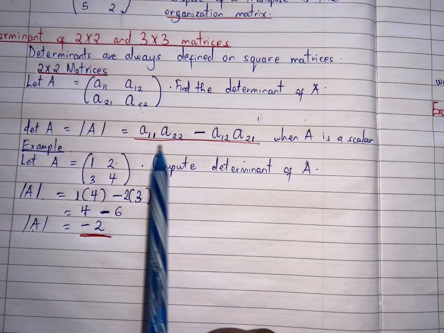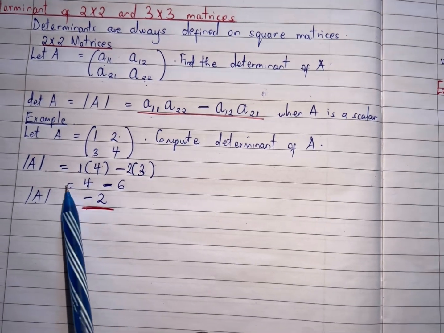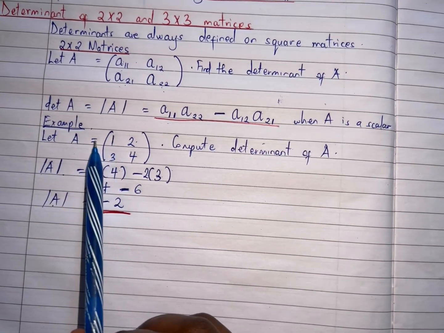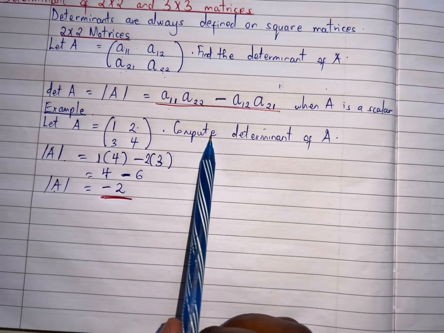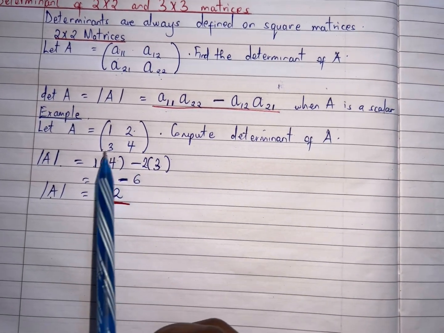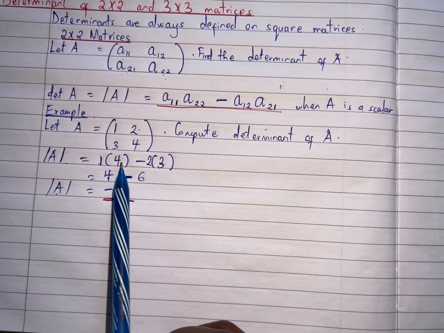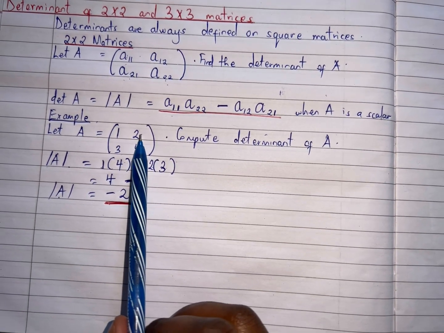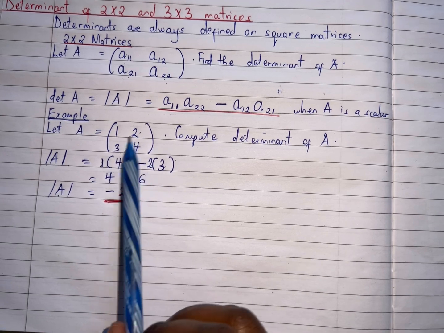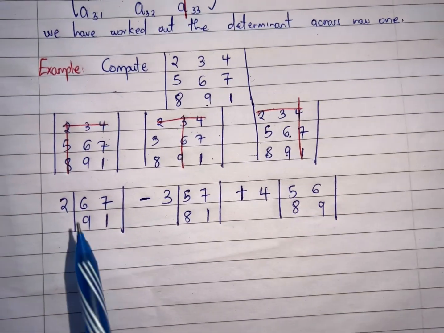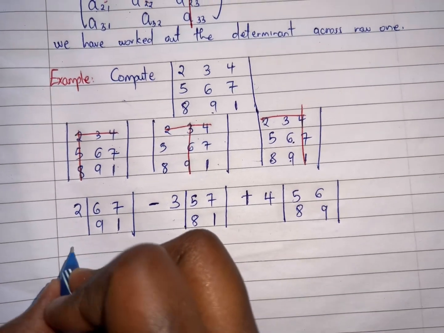This formula is what we're going to use on the values that you're having. Like the example where A equals 1, 2, 3, 4: 1 times 4, that is A11 times A22, minus 2 times 3, which is A12 times A21, and our answer was negative 2. That is what we're going to work out here too.